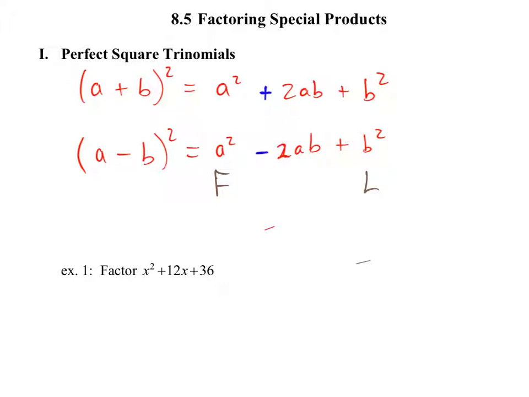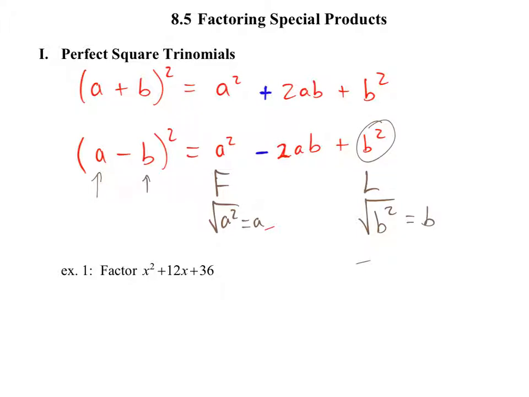And the L gives me the b squared. Well, if I want to find a and b, do you agree I could square root a squared, and that will tell me what a is. It'll tell me what goes right there. And if I square root the b squared, the thing at the end, that would tell me what b is. That would tell me what goes right there.